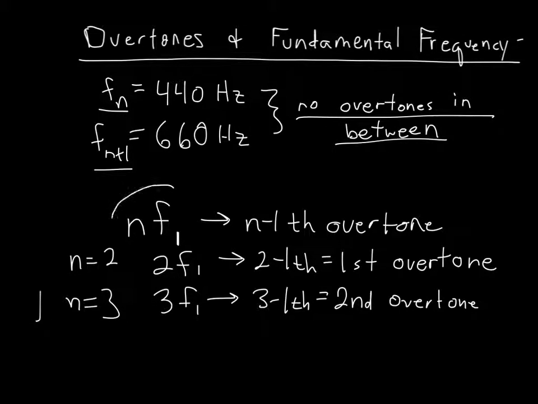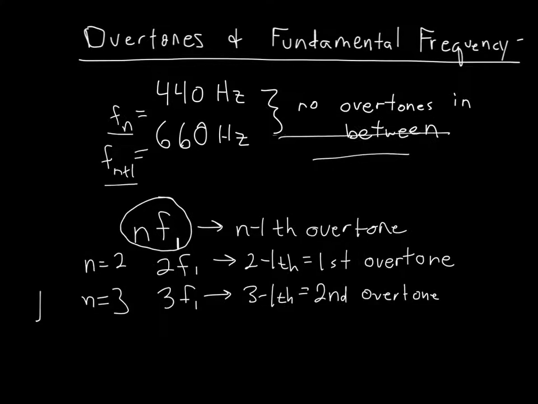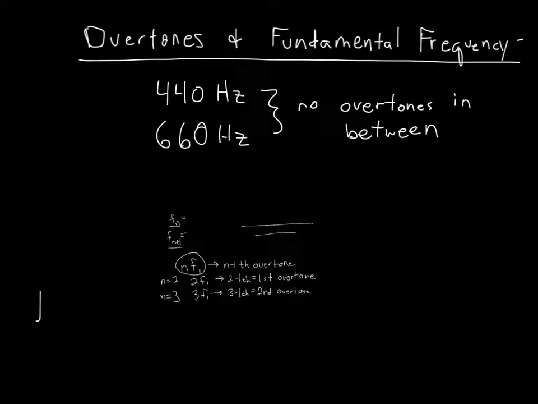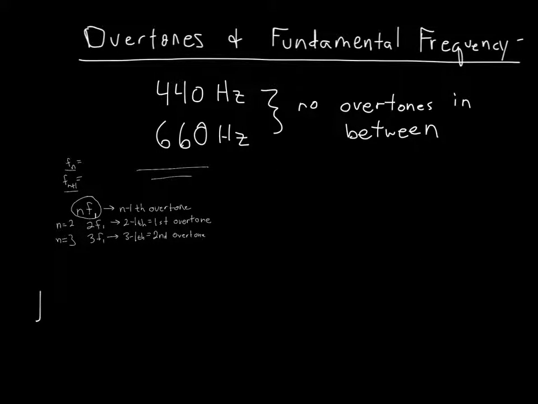And what we can do is use this to write out an equation based on this general form that we have here. We know that overtones are equal to n times f sub 1. So let's shrink this down and move it over, and let's write out an equation. We know that the f sub n plus 1 frequency gives us n plus 1, the number of the overtone, times f sub 1.